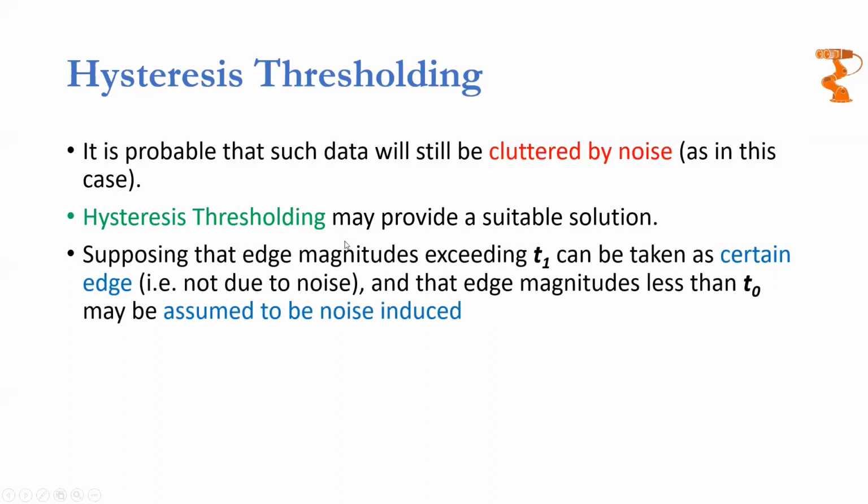Supposing that edge magnitudes exceeding T1 can be taken as certain edges, and all the pixels having magnitudes less than T0 are not edges. So what about pixels which have values between T1 and T0? This hysteresis thresholding is focusing on these pixels, that is, the pixels having values between T1 and T0.